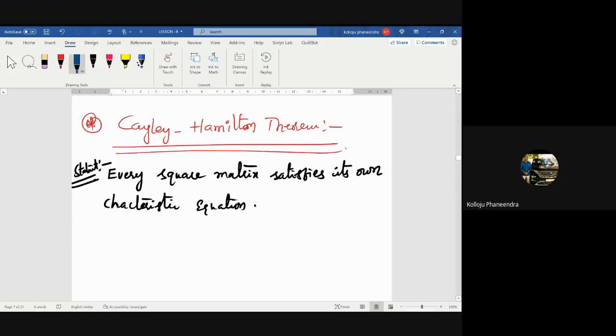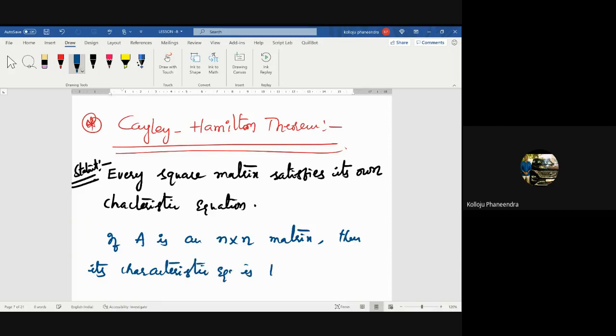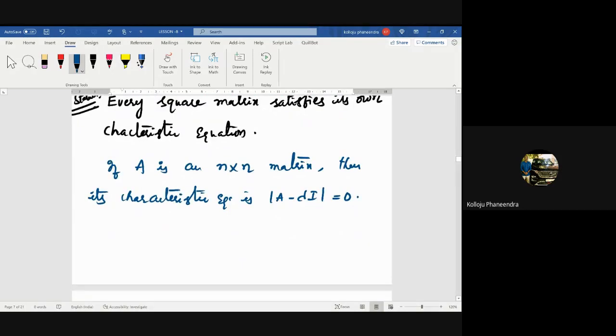The hint is: if A is an n by n matrix, then its characteristic equation is determinant of A minus lambda I equal to 0. This equation is an nth degree equation.